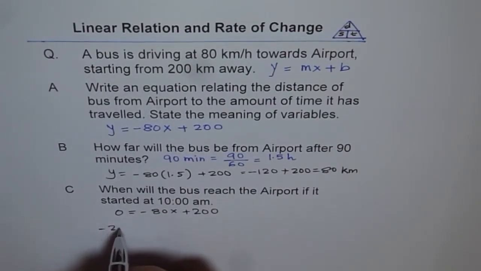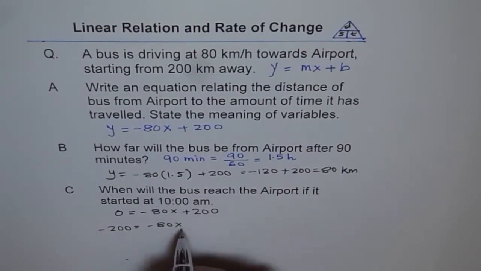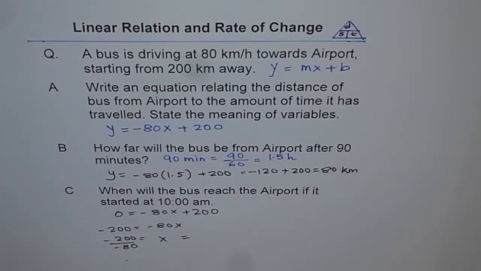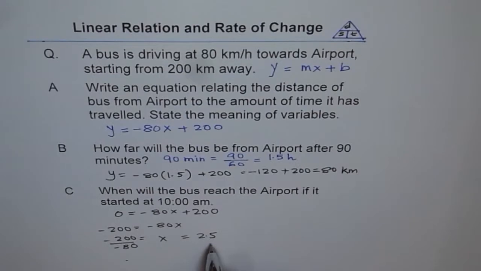So we get minus 200 equals minus 80x. Now to find x, we'll divide by minus 80. So we get minus 200 divided by minus 80, right? And that gives us 200 divided by 80. Minus minus cancels. We get 2.5. So in 2.5 hours, the bus will reach the airport, correct?